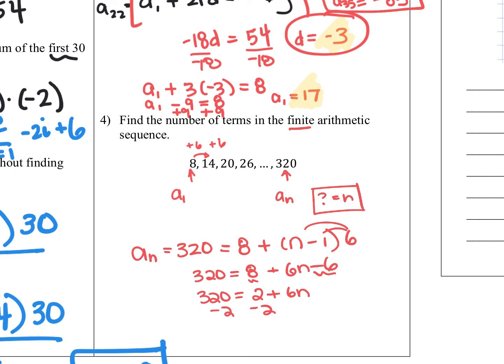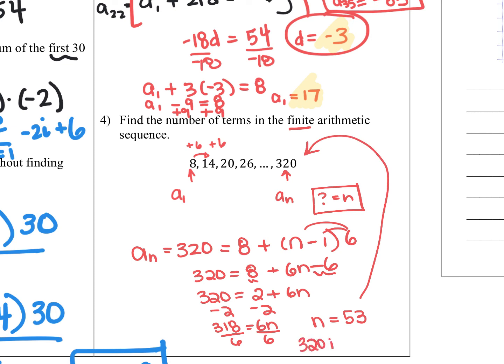Minus 2 on both sides, we're going to get that 318 is equal to 6n. Divide by 6, and we get n is equal to 53. So that tells us that 320 is the 53rd term.